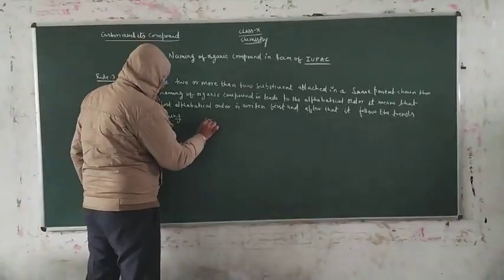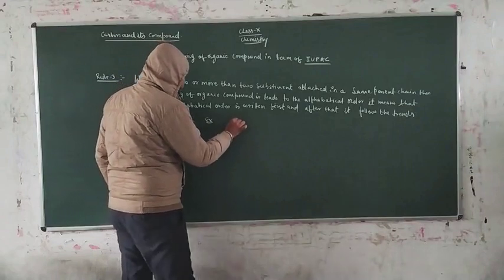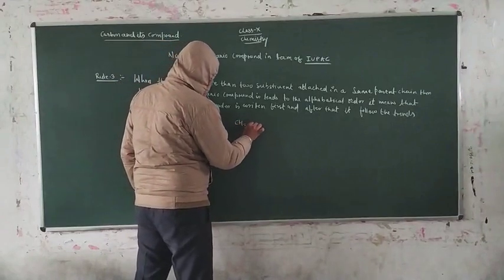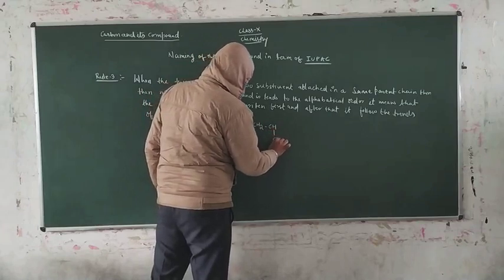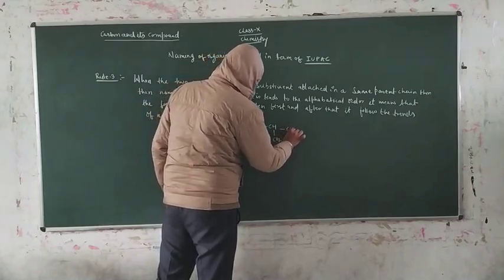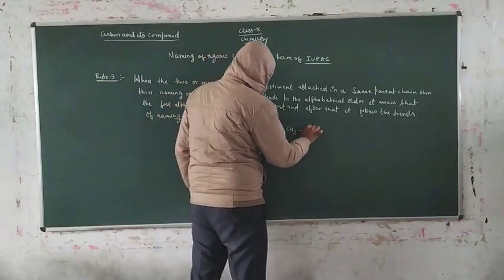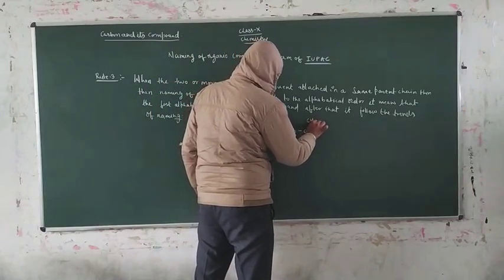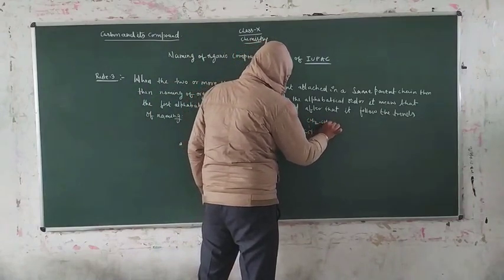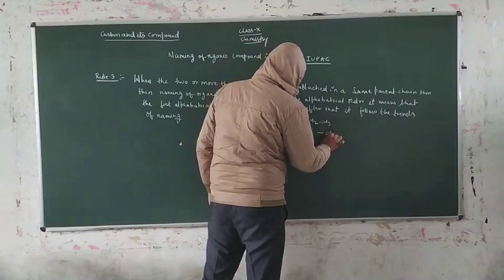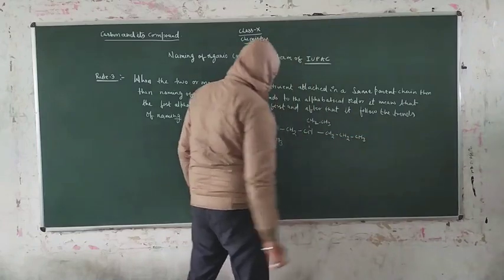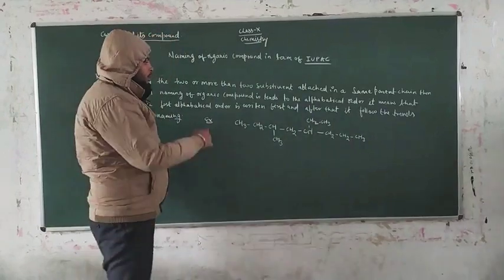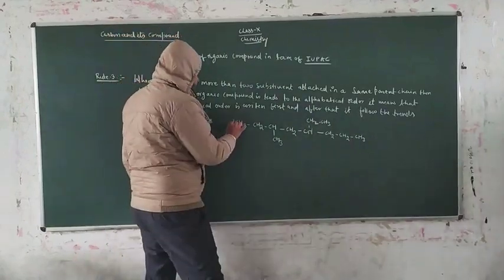This is an example, like the formation of this: CH3, CH2, CH, CH3, CH2, CH, CH2, CH3, CH2, CH2 and CH3. This is the condition having the same parent chain.